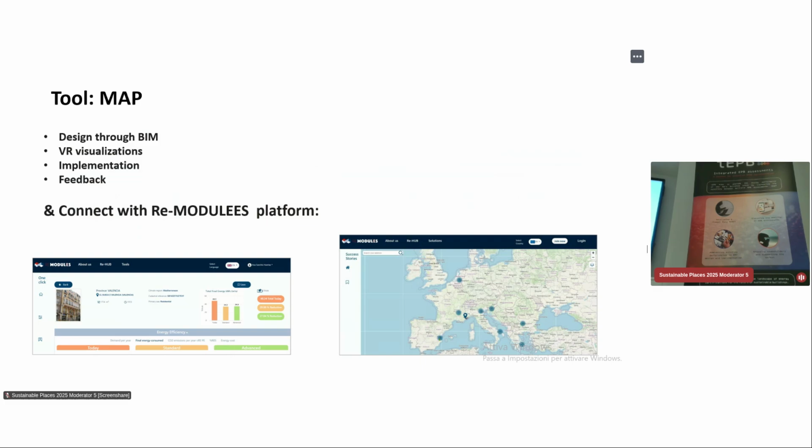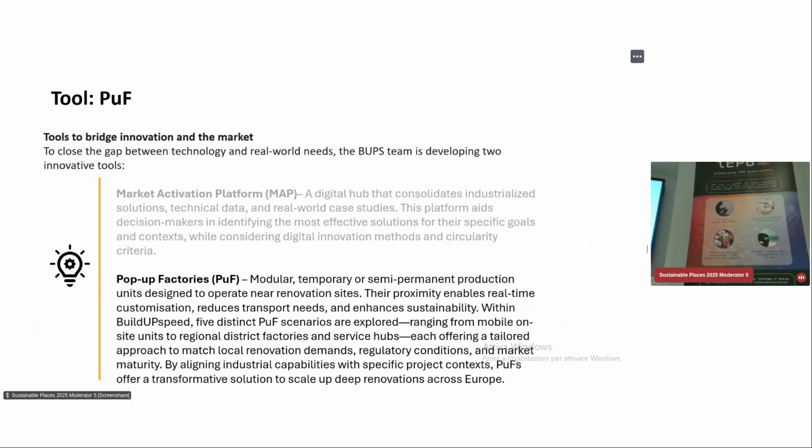Additionally, we have collaborated closely with a specialized project, including ReModules, which is currently focused on energy efficiency solutions, to integrate with our viewer and expand platform capabilities.